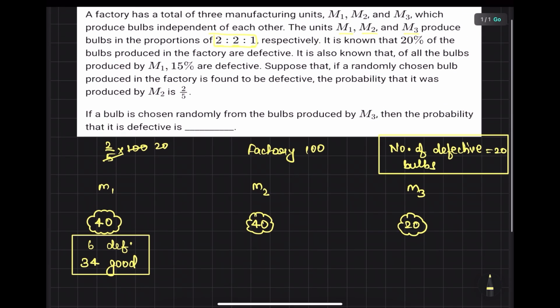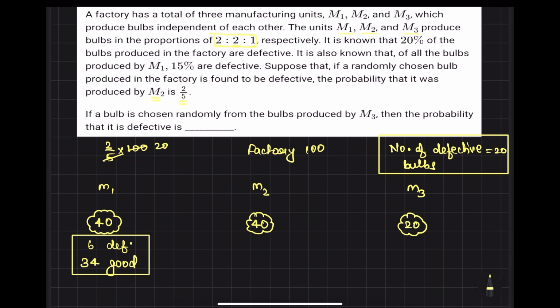Now look at this. Suppose that if a randomly chosen bulb produced in the factory is found to be defective, the probability that it was produced by M2 is 2 by 5. So they have already given you this probability.